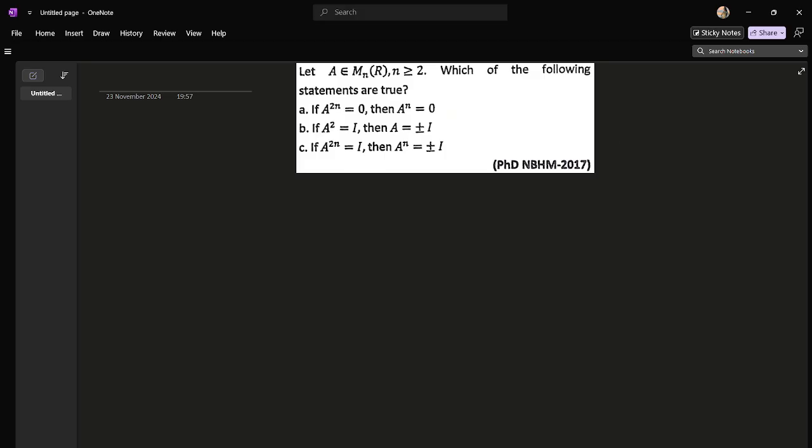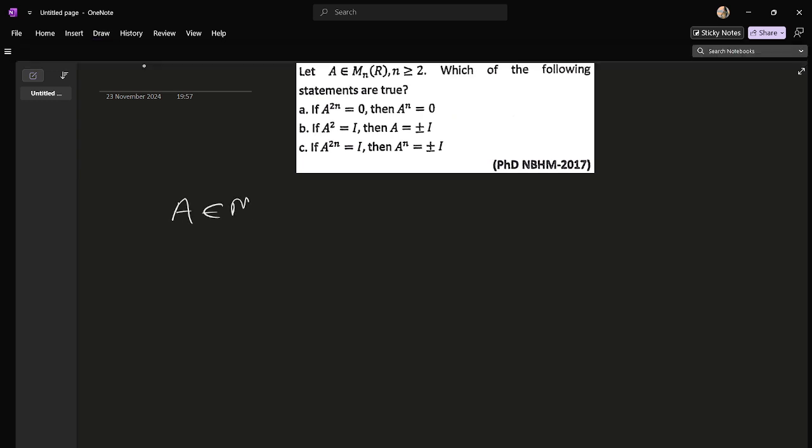We are now solving our National Board of Higher Mathematics PhD entrance test paper from the year 2017. The question says: let A belongs to M_n(R) and n is greater than or equal to 2.